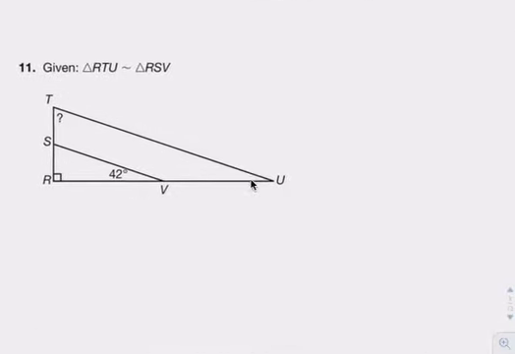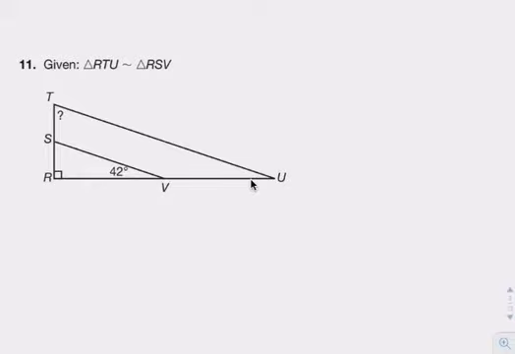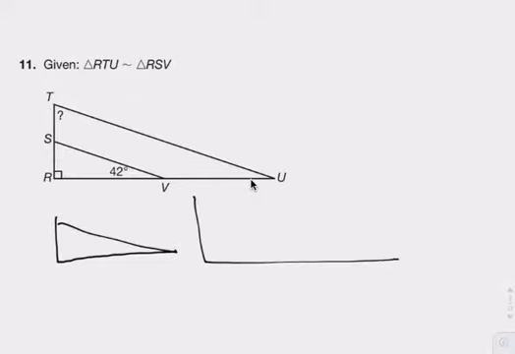Okay, this one also. You got a little piece here, and then you got one big one there. The little triangle here is 90 degrees, 42 degrees.